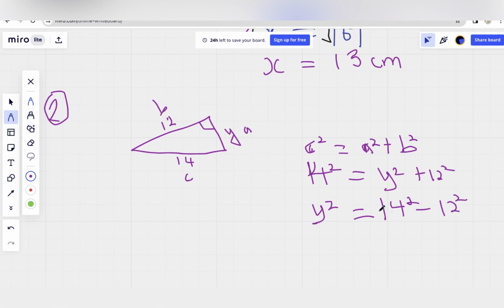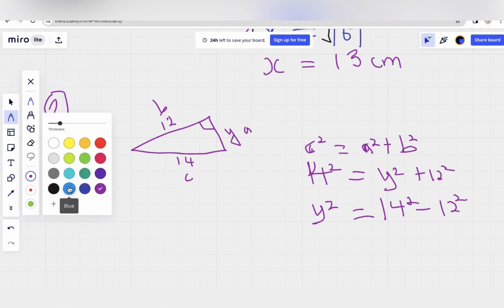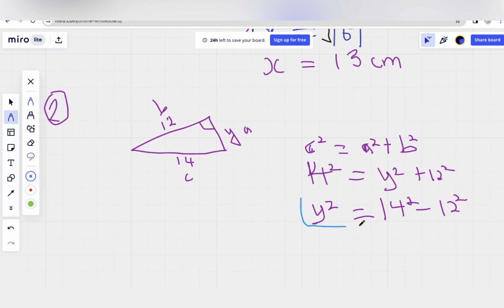In other words, we can rewrite this one, in case I don't want you to get confused. We write the 14 square, we leave it because it's on the left. But we bring this 12 square to the left.